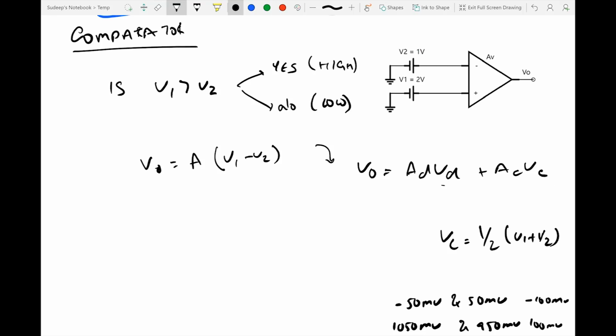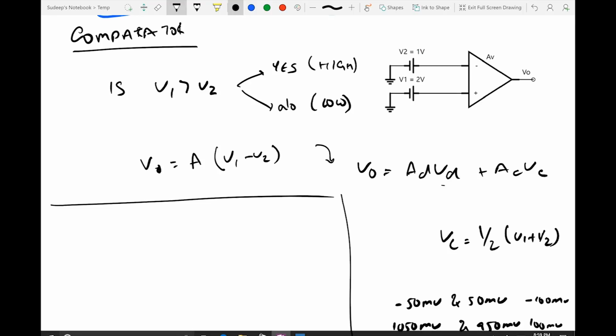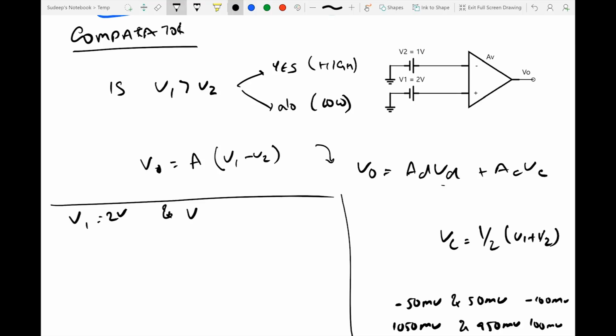What we are doing now is using the concept of output saturation to be able to come up with a logical high or a logic low value of it. So what would happen is, let's say in this case where V1 is equal to 2 volts and V2 is equal to 1 volt, the Vd differential voltage is positive 1 volt.